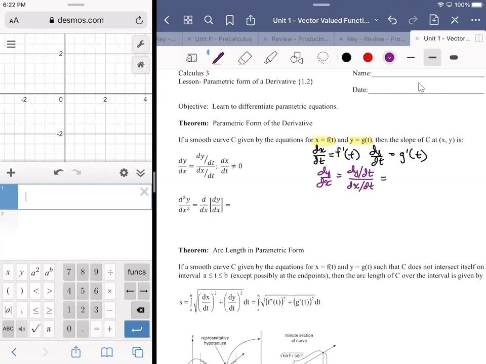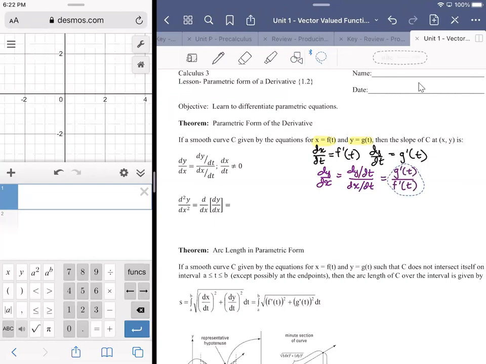But we also know that if we're defining x as f of t and y as g of t, we can also say g prime of t divided by f prime of t. All right, so there's a few different variations of the derivative of a parametric form of a function or an equation, right? Now, that's all well and good.